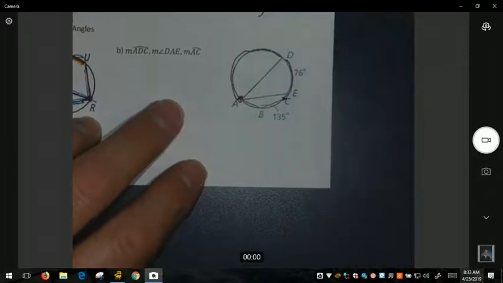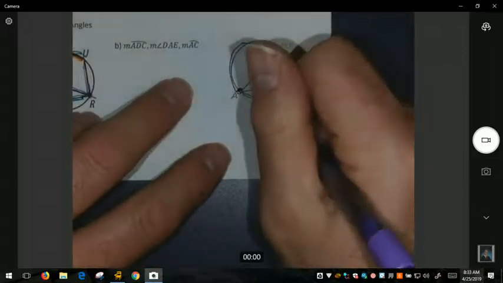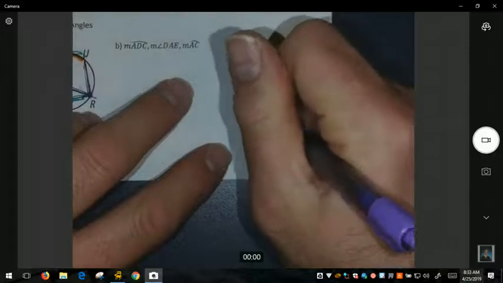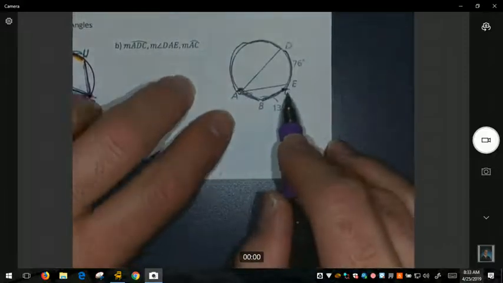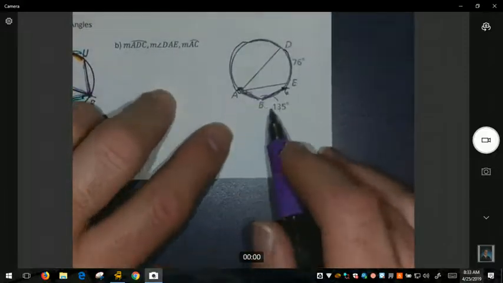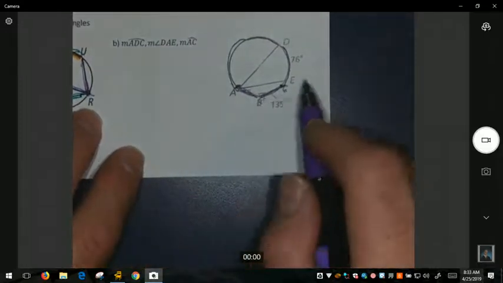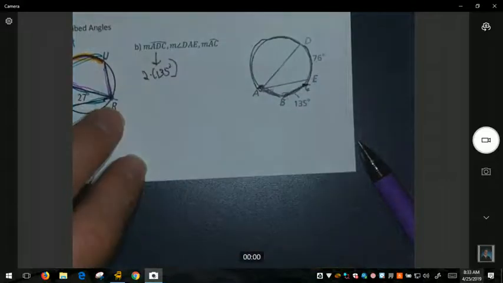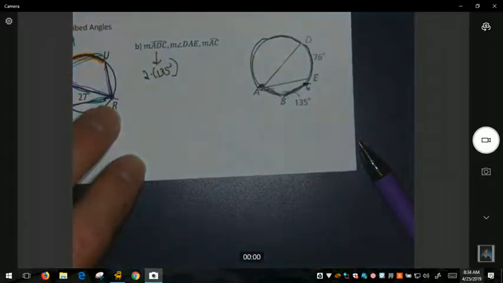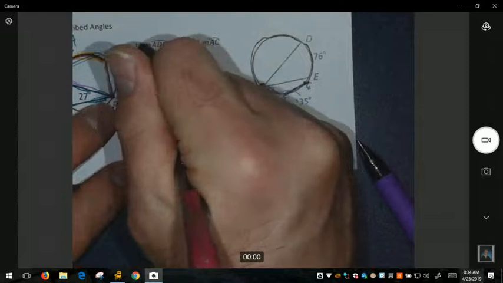I could subtract it from 360, but if I look very carefully, I can see that angle ABC connects to that arc. ABC is an inscribed angle, so it should be half the size of the arc, which means that arc is 2 times 135 degrees, or 270 degrees.